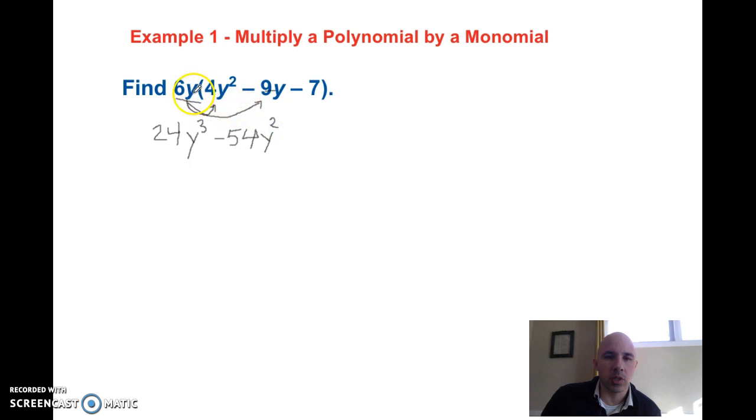And then you have 6y times negative 7. So 6 times 7, 42. And then that y is still on the first monomial, so you just bring that over. So it'll be negative 42y. Notice that it's in descending order, 3, 2, 1 for the exponents, and that is going to be our answer.